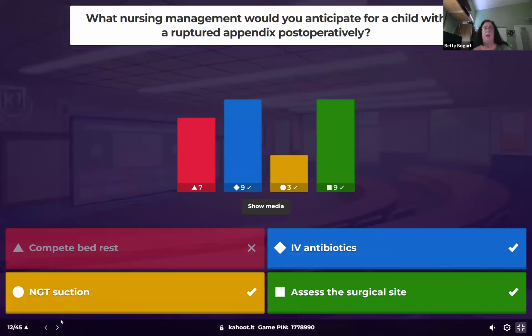This child needs to be up, out of bed, ambulating, coughing, deep breathing, keeping up pulmonary care, and preventing any other complications because it was an infection. The appendix burst and it's all raging in the abdominal cavity. IV antibiotics. And we're going to put on NG tube suction to keep the intestines without anything in them. We need it to rest. It's angry at this time. And because you close a dirty wound together, assess that surgical site, the sutures. And again, I've told you, I've seen one dehiscence.